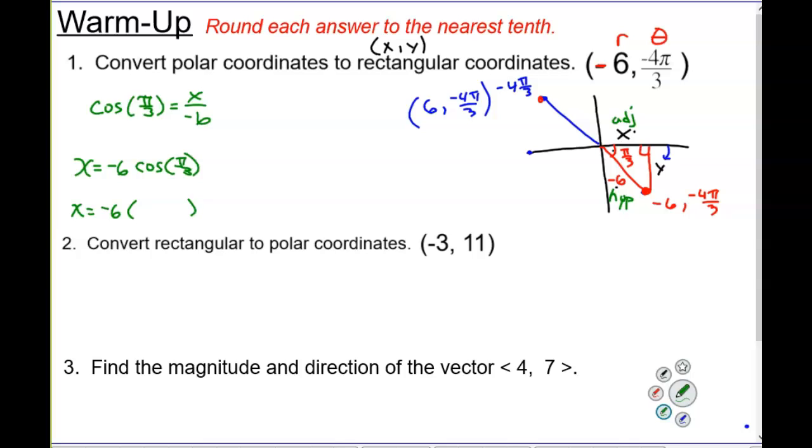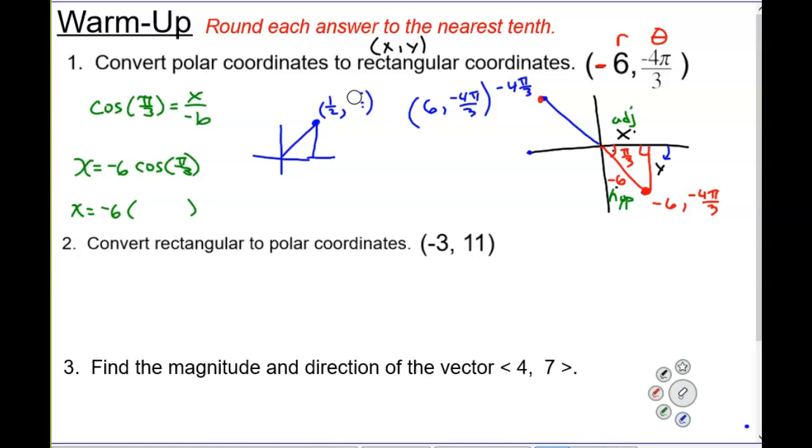Now I'm going to use the unit circle. What is the cosine of π/3? If we think of it, π/3 would be here. What is the cosine? It's 1/2, √3/2.